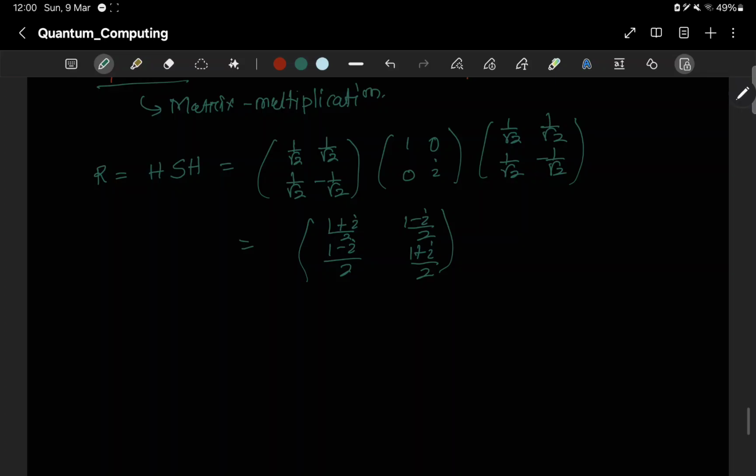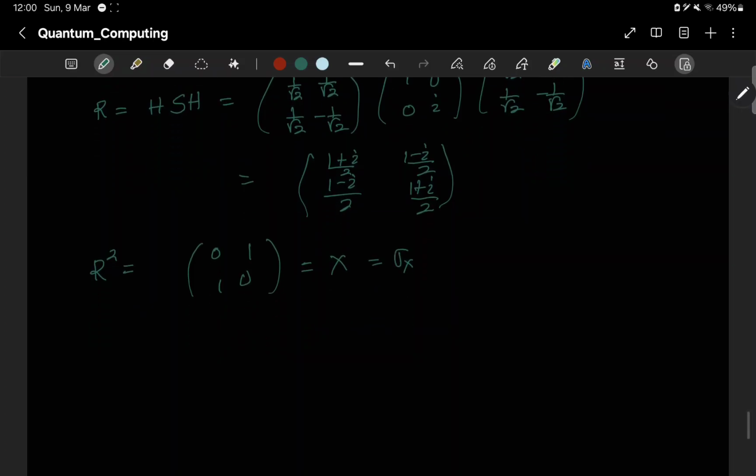One peculiar property of this R unitary matrix is that if you take the square, that is, multiply it twice, you get the NOT operator, which is basically our X operator, Sigma X we call it. So R is basically the square root of the NOT operator.